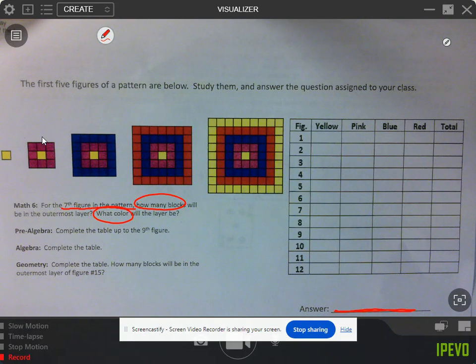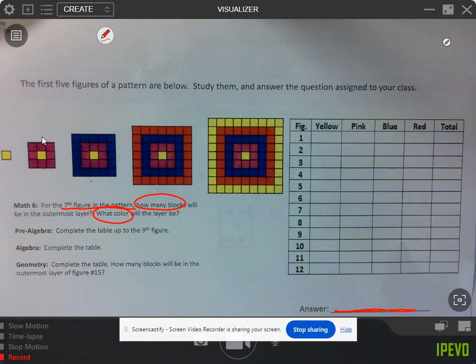So if you do the picture where we have 1, 2, 3, 4, 5, if you do a picture for 6 and then a picture for 7, and you're able to come up with it, you'll get credit for it. You don't quite have to do all of that work because we can follow the patterns to know. So let's fill in our table together for what we do know.